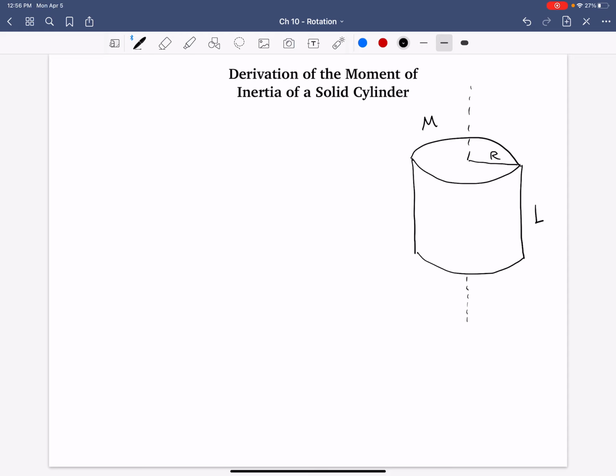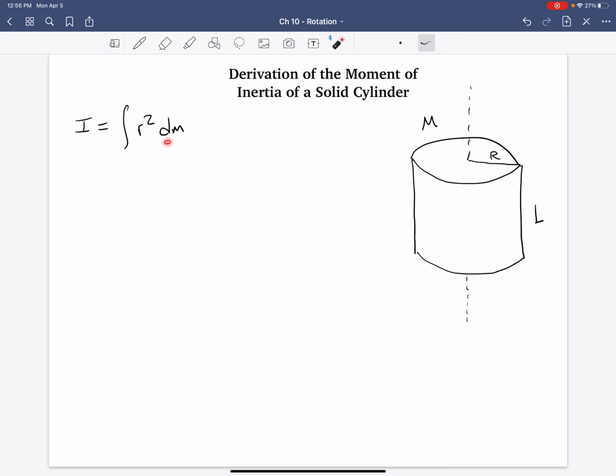The goal is to most easily split this up such that we can integrate all of the masses over the entire object, because the moment of inertia expression is integral r squared dm, which means r squared, the distance that each differential mass is from the axis.